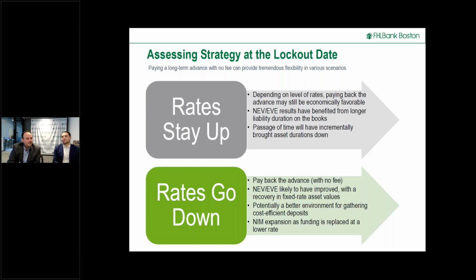We can mitigate that, get to asset sensitive or neutral, but after the fact, we can convert ourselves back to liability sensitive, right? And get all the benefits of having long assets and short liabilities. Because if rates go down, it's not a 10-year advance anymore. It's a 1-year advance that will happily prepay back to the home loan bank.